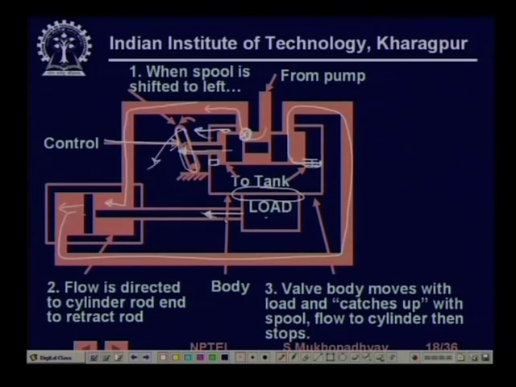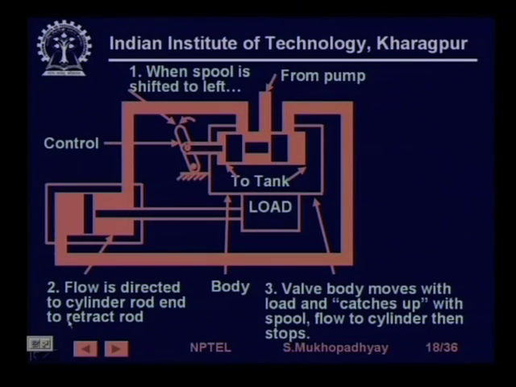So, if you move the lever, the valve is going to move in one direction and then finally come and stop. That is by feedback. Okay. So, this is a typical very simple mechanical arrangement servo valve, right.